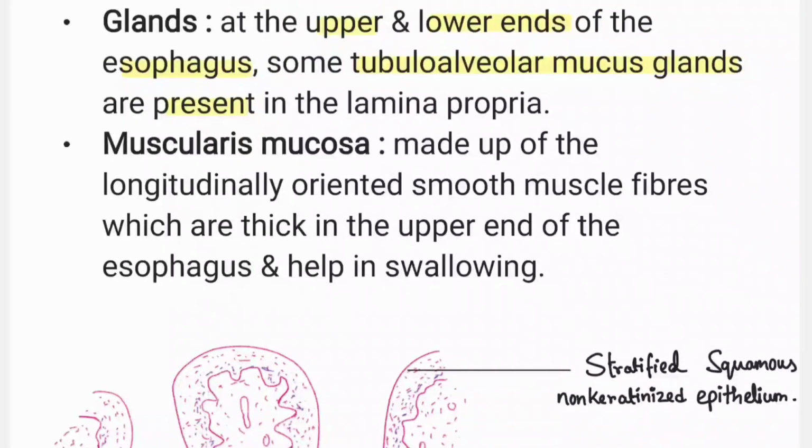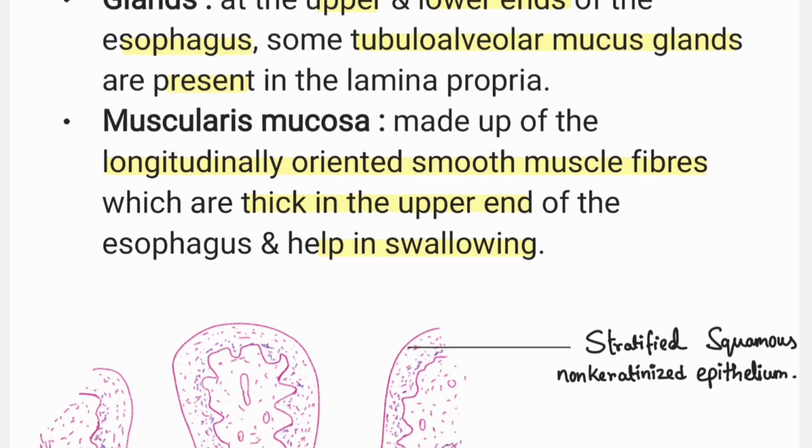And the muscularis mucosa is made up of longitudinally oriented smooth muscle fibers which are thick in the upper part and help in the swallowing of food. Always remember the longitudinally oriented smooth muscle fibers, thick in the upper end, whose main function is to help in swallowing of food.